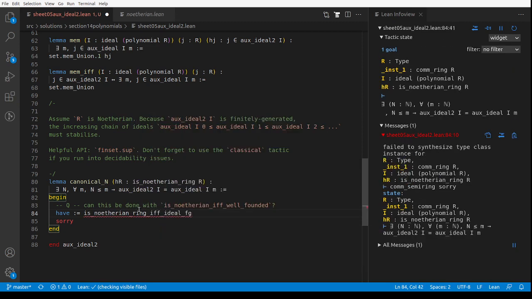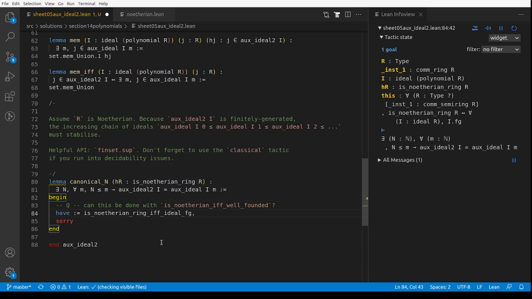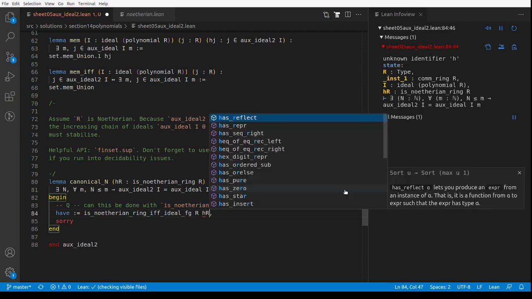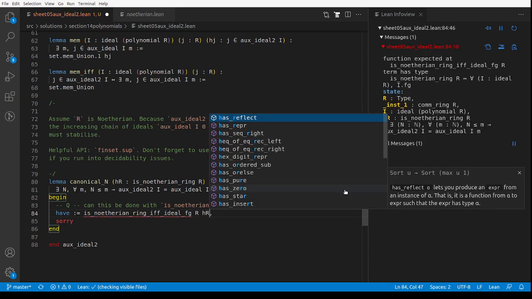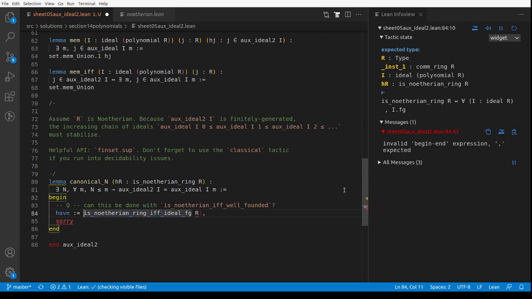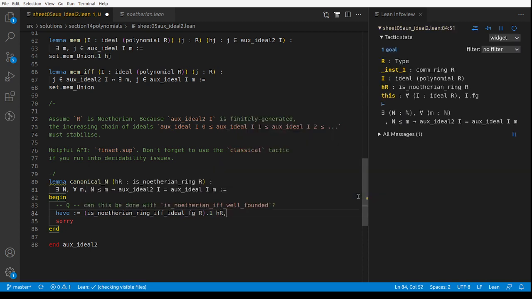So this thing here wants a ring, so I'll give it R, and it wants a proof that the ring is Noetherian, so I'll give it HR. Oh dear, it's an if and only if, so I'll put the dot one there, and now it's an implication, so now I can feed it HR.